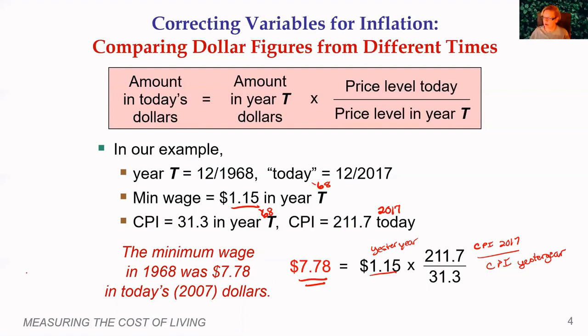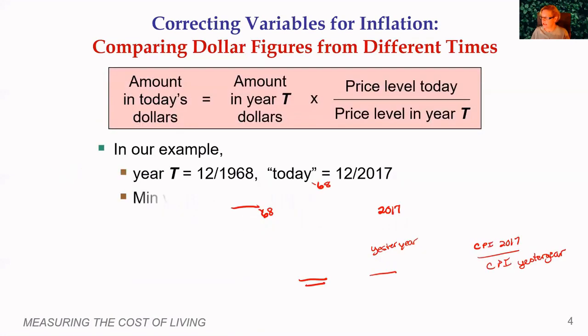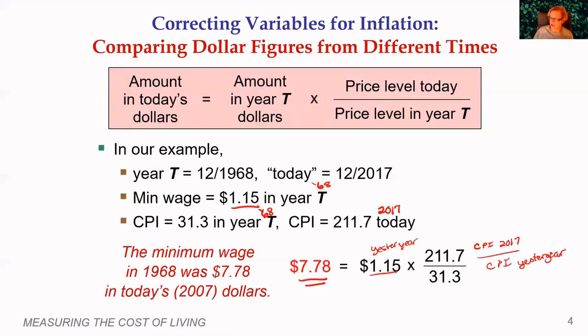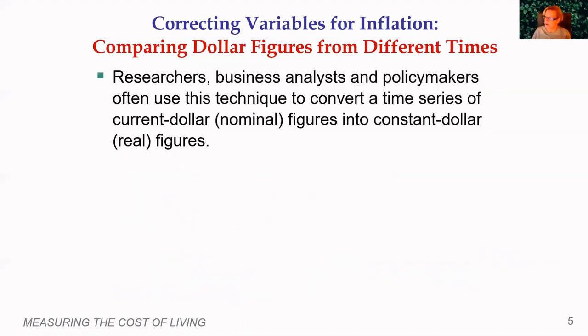And we were comparing it with $8.90. So yes, people are more overpaid in 2017. Make sense? We'll look at a couple other examples. But again, we want to look at this technique to use time series and kind of do it backward, if you will, because of inflation.